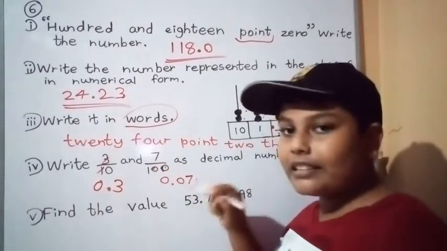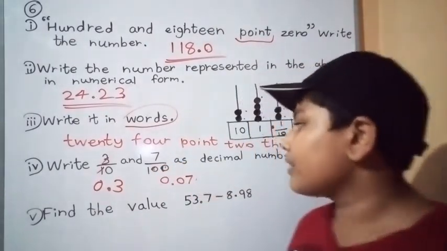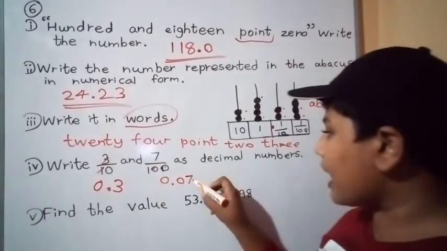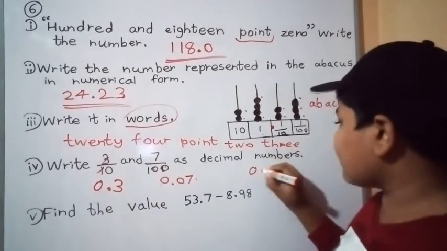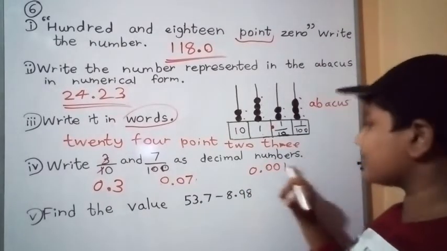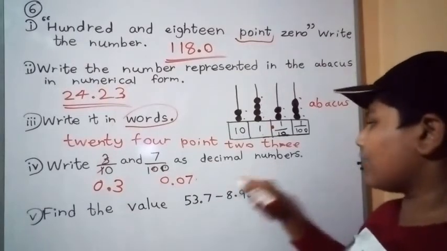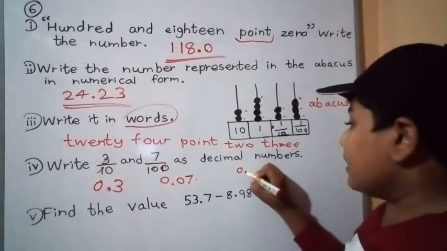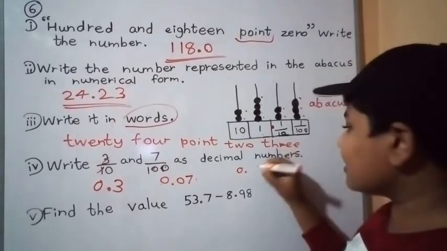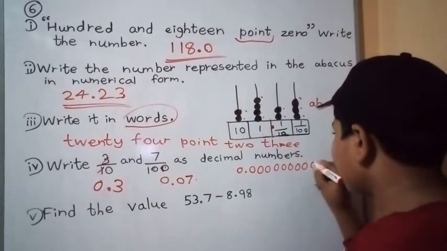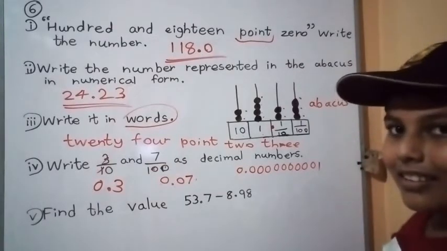So 0.07 you have. If you have 8 over 1000, you want to add 3 zeros like this. Add 1000. You have next steps, 0.0000000001. Right?